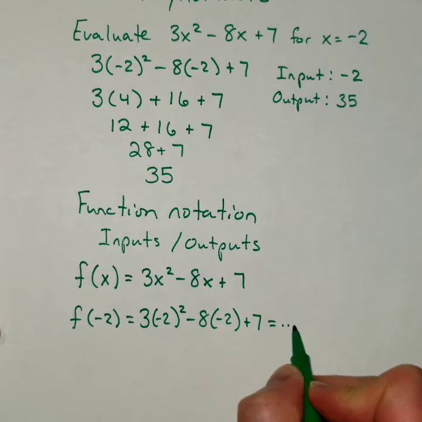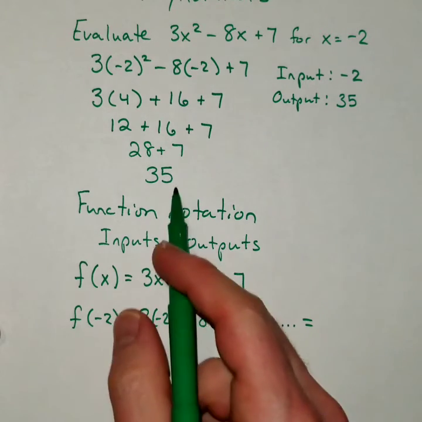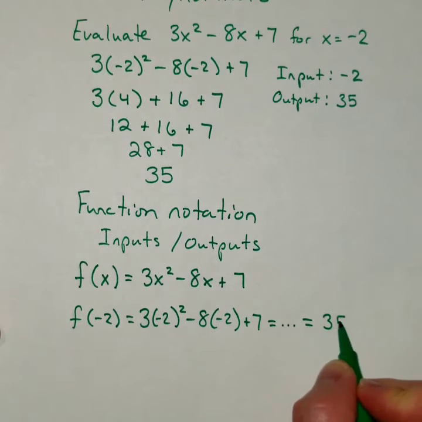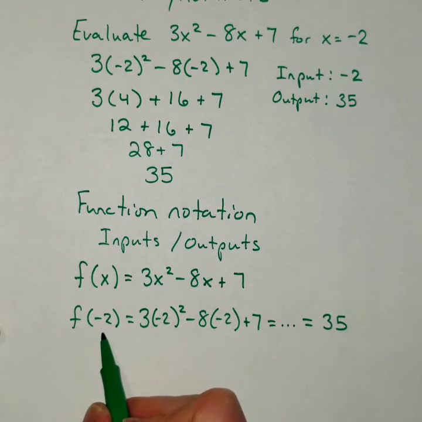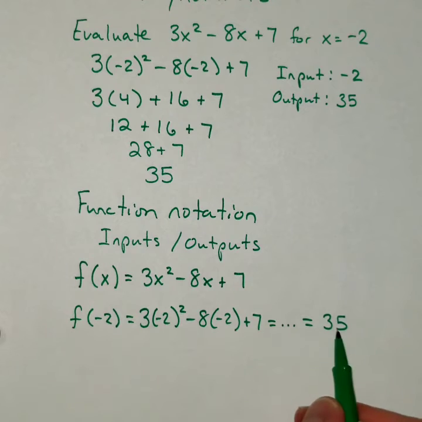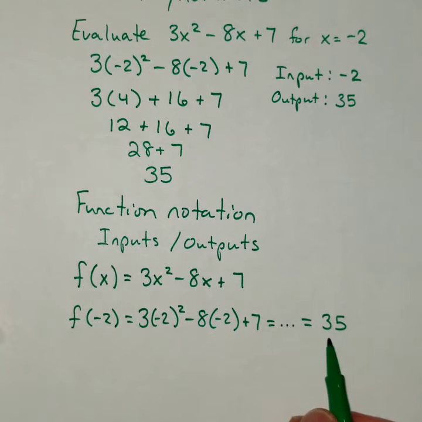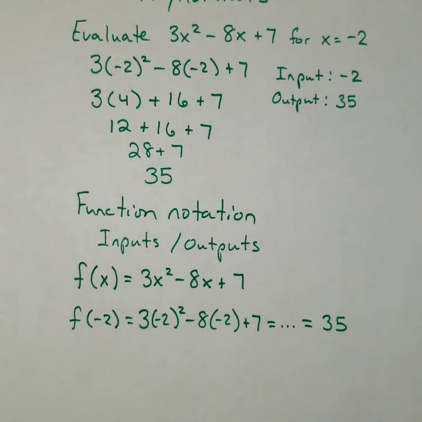We would evaluate that, which I already did, so I won't go through all the work, and you get 35. Okay. So the number in the parentheses is considered the input. The number out of the parentheses is considered the output. Let's do a couple more examples so you can just see. But really all we're doing is evaluating the polynomial.